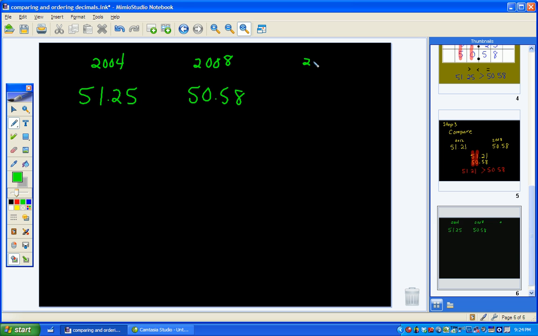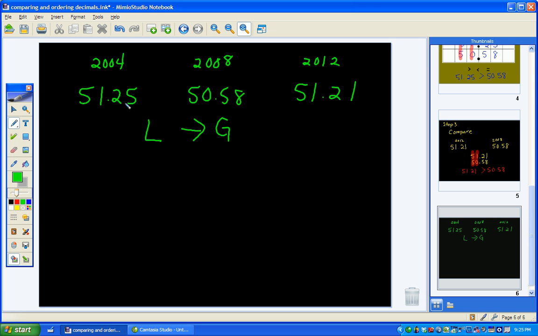And in 2012, he did 51 and 21 hundredths of a second. So now we're talking about ordering them. Let's put them in order from least time to greatest time. And remember, in races, the least time would be the winning time, the better time, the one you could win off of. So same thing, same steps.